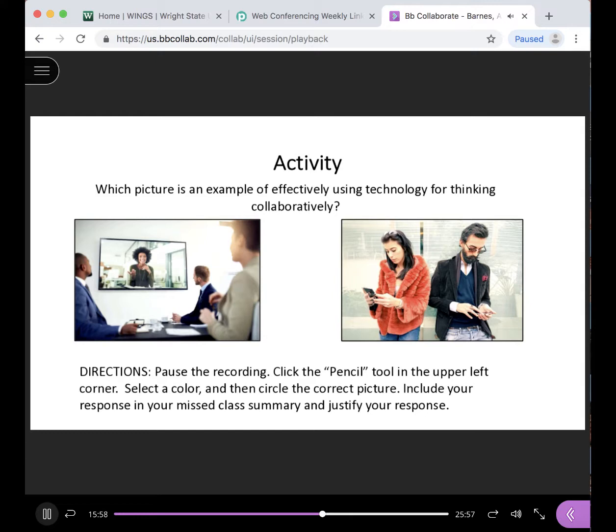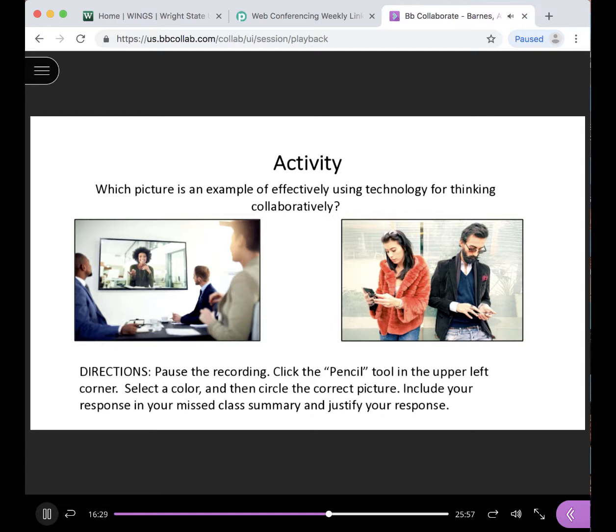So again, we just spoke a little bit about how technology can enhance thinking collaboratively. I would like for you to look at the two pictures here and identify which picture is an example of effectively using technology for thinking collaboratively. Which one is a positive depiction of using technology for thinking collaboratively?